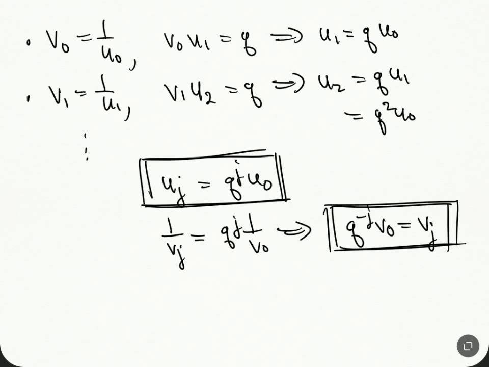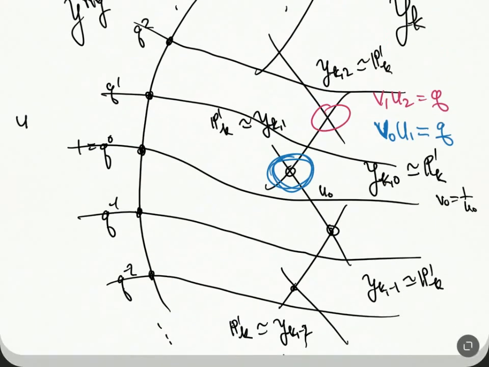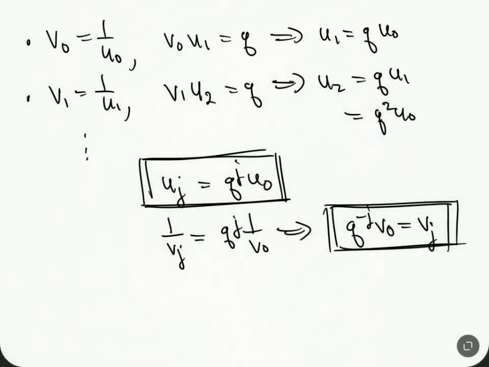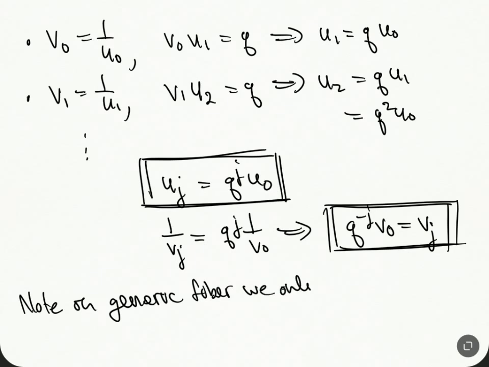Okay, and so this is kind of interesting that we have these kind of relations here. So I guess on the generic fiber, all these Q's are invertible. So note that on the generic fiber, we only need the coordinate U0.